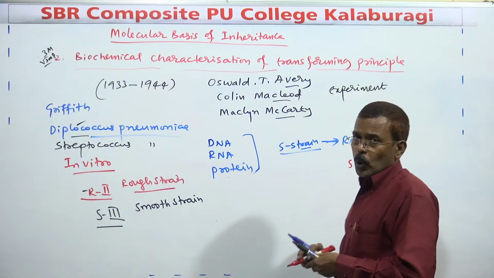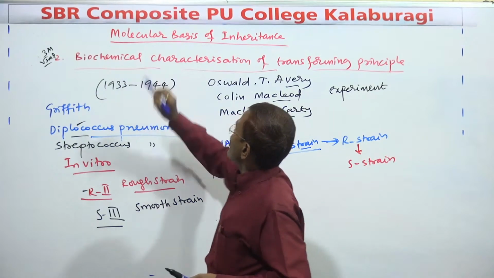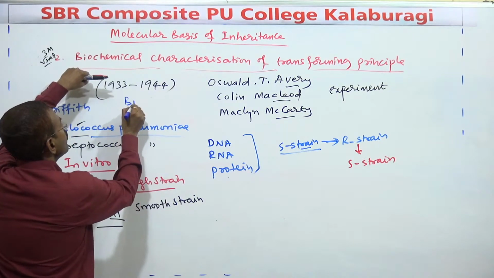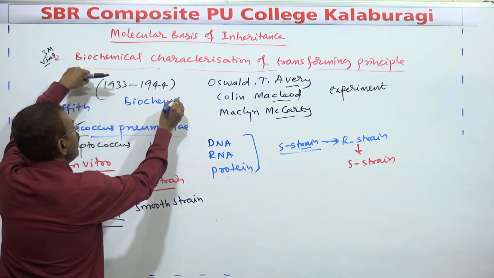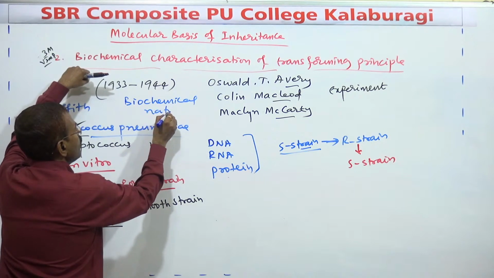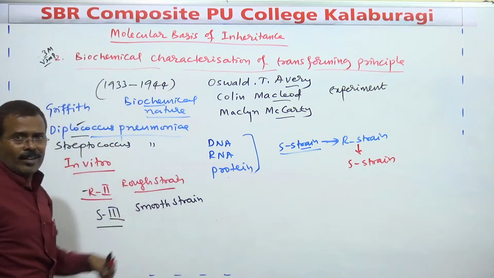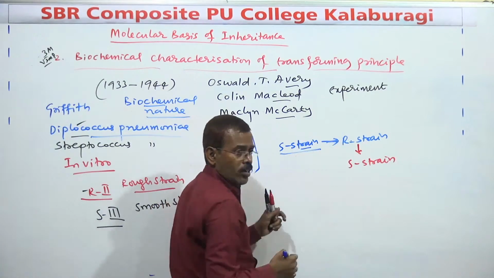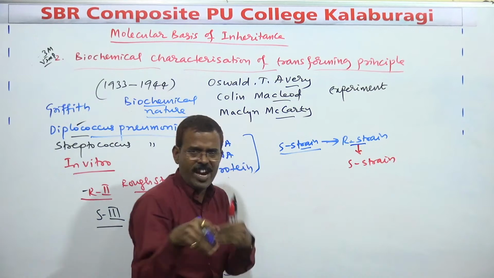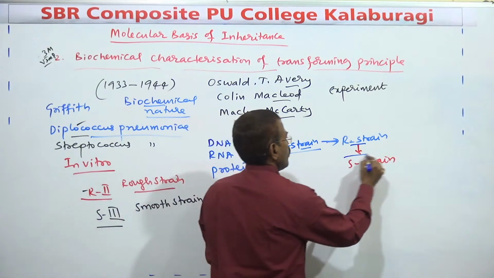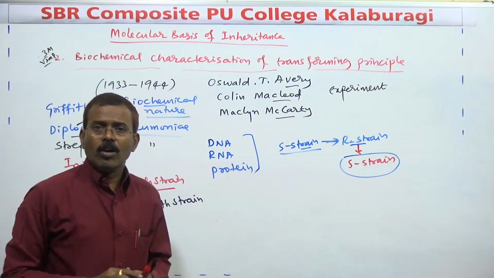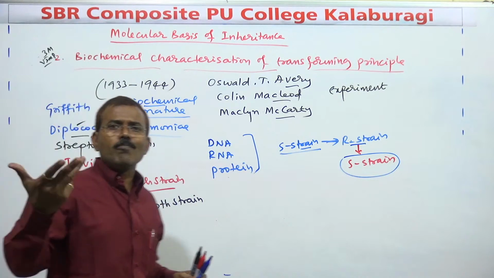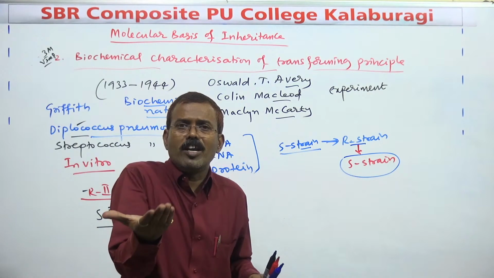So they wanted to know the biochemical nature of the transforming principle. They cultured this bacterium on nutrient medium, either in a test tube or in a petri dish.